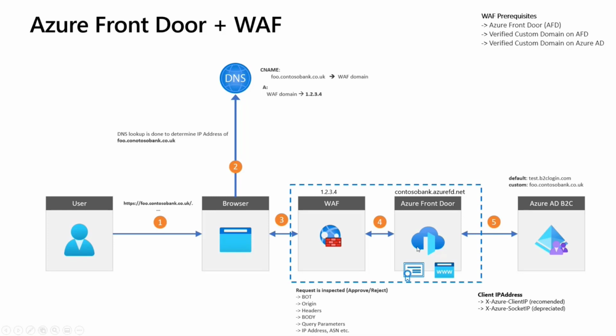And B2C and Front Door know each other. So B2C sees that this comes from Front Door, etc., and makes sure to acknowledge the custom domain in everything it's doing in the other replies, etc.